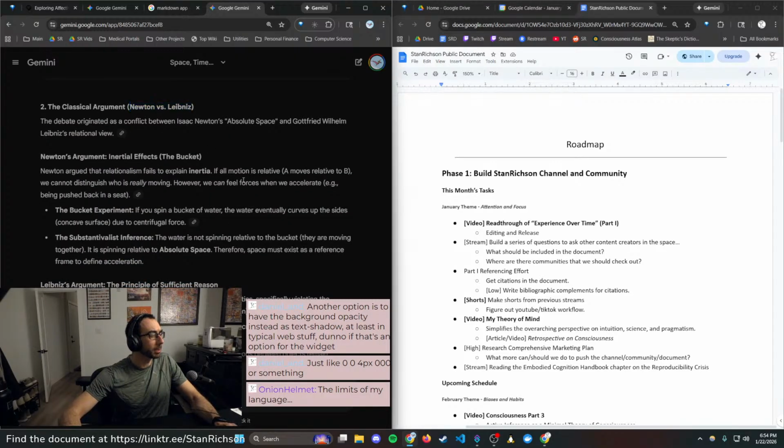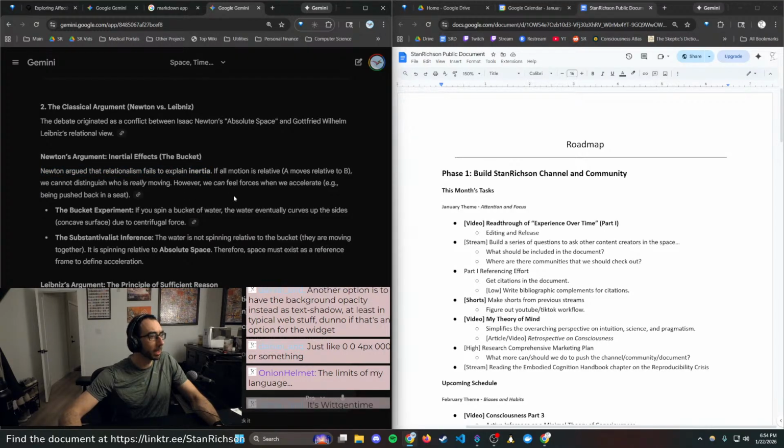Newton versus Leibniz. Oh man. Newton argued that relationalism fails to explain inertia. If all motion is relative, we cannot distinguish who is really moving. However, we can feel forces when we accelerate. Yeah, but who cares what we feel?